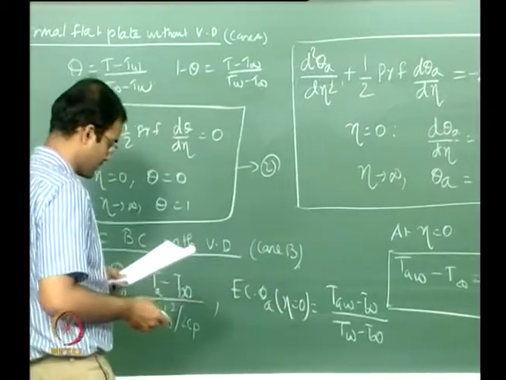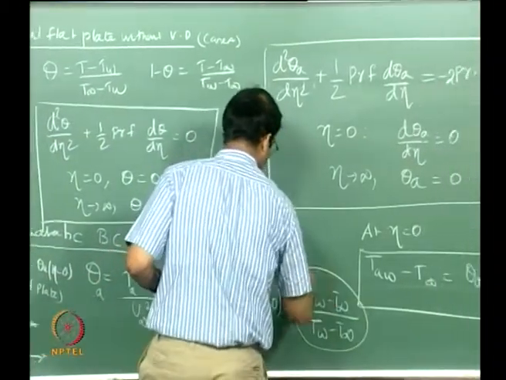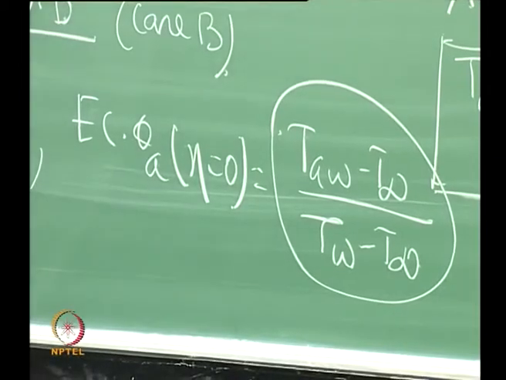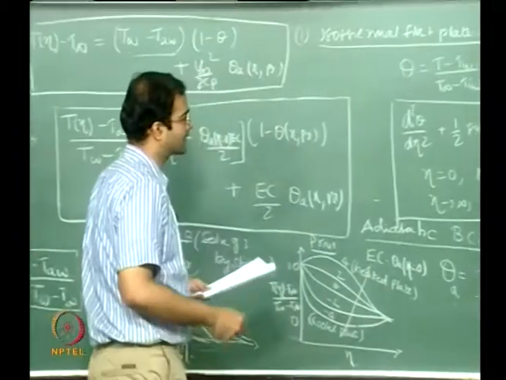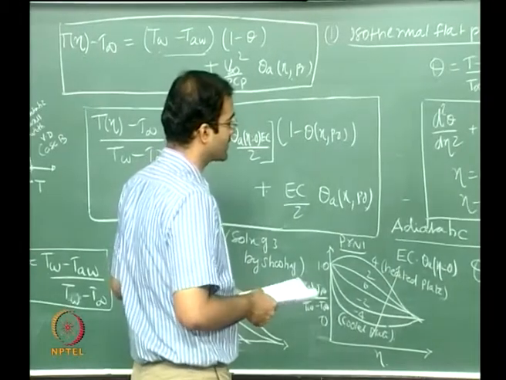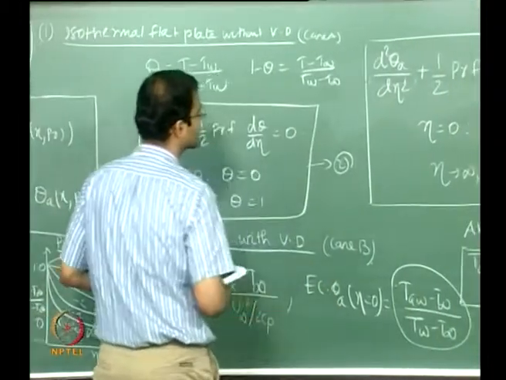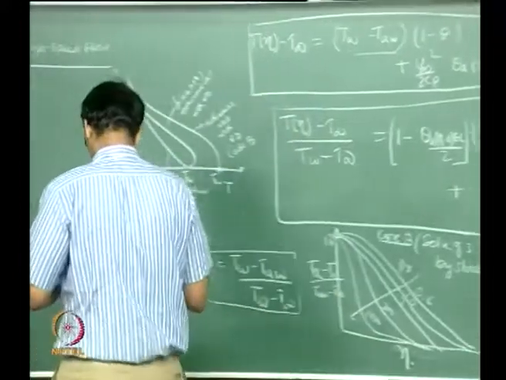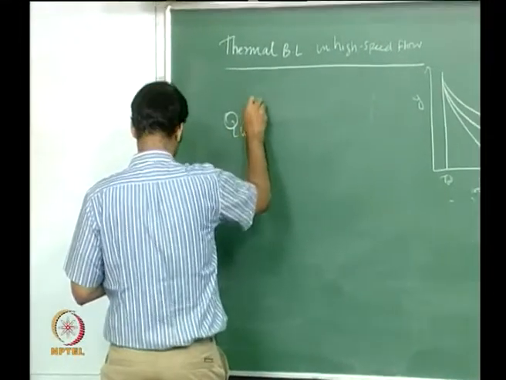So this should lead to some non-dimensional form of temperature like this. So for different values of this you are plotting this, if you are not clear about how the Eckert number comes into picture. That is how the adiabatic wall temperature enters here through the Eckert number times this. Now let me also write down the form of heat flux.